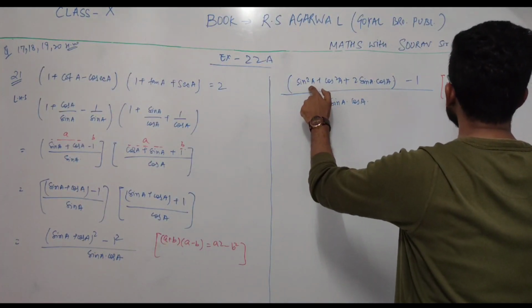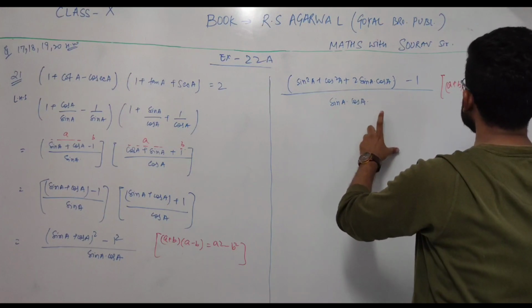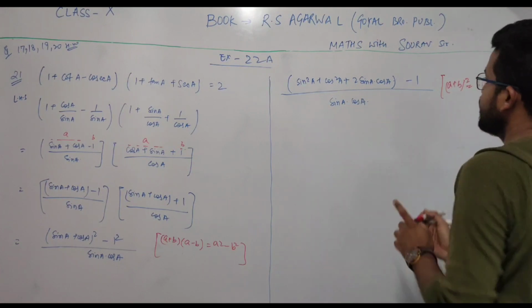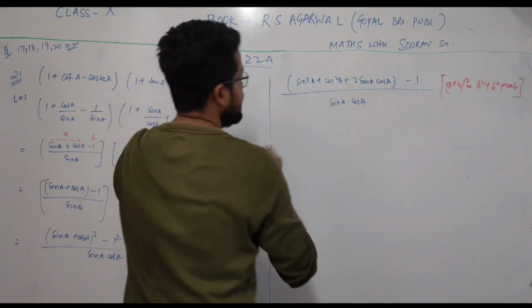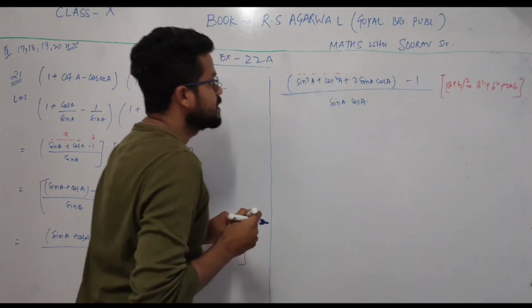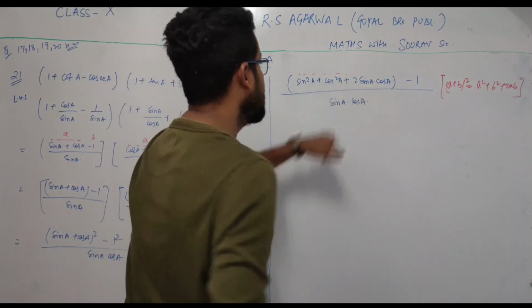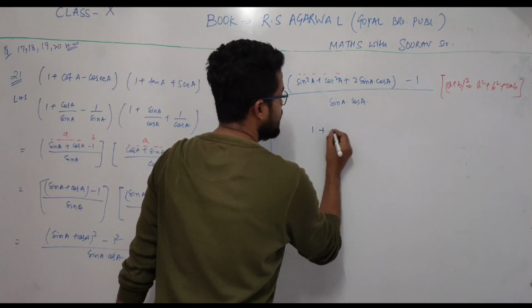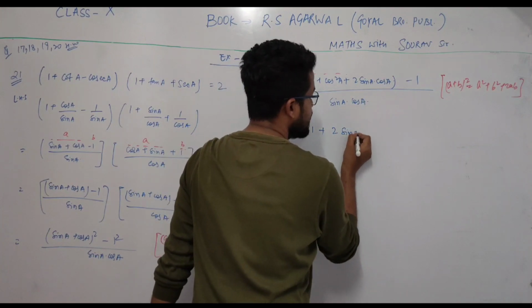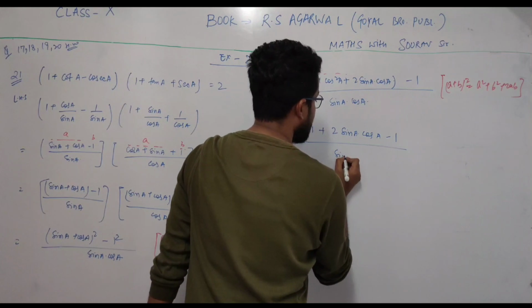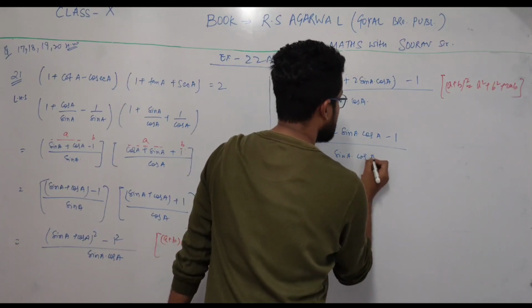Because we use the A plus B whole square identity, which is A square plus B square plus 2AB. Now if we look, sin square A plus cos square A is 1, so this is 1 plus 2 sin A into cos A minus 1, divided by sin A into cos A.